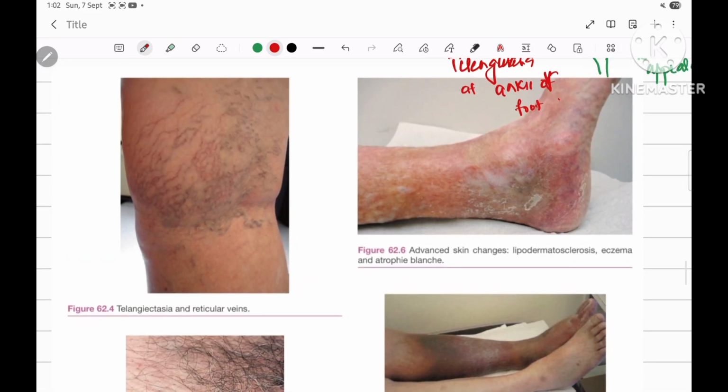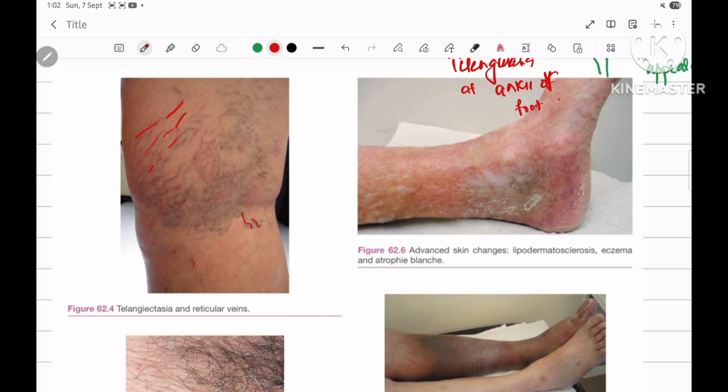This is a picture from our book. Here we can see that these are small thread veins, less than 1 mm in diameter, and we can see that these veins are dilated more, and look like 2 mm in diameter.